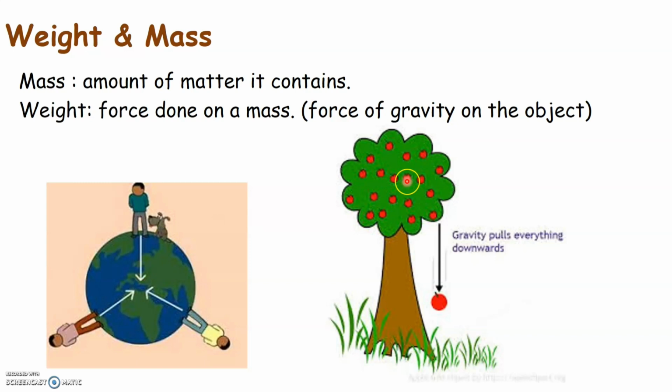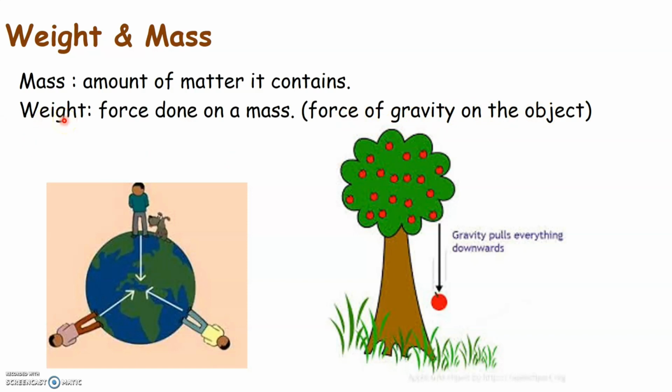Same is the case with apples. We all know that as apples fall, they fall down. They do not go upwards, isn't it? Yes, so this is because there is a force which pulls these apples down towards itself. So this force is called gravity. So this force of gravity on the object is called weight.